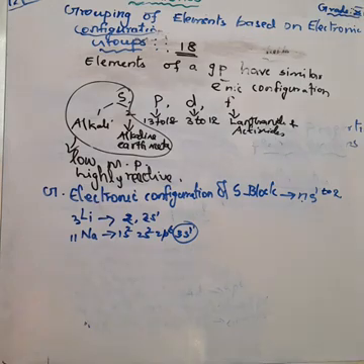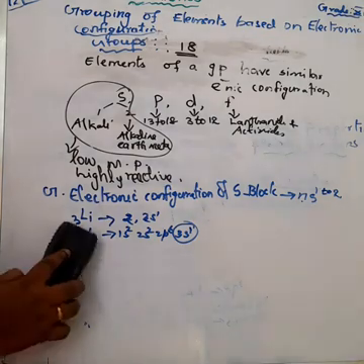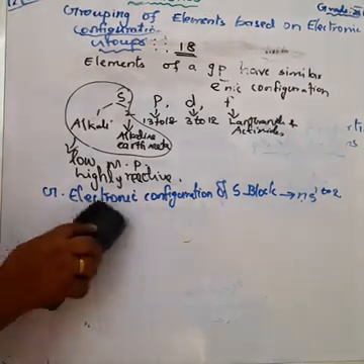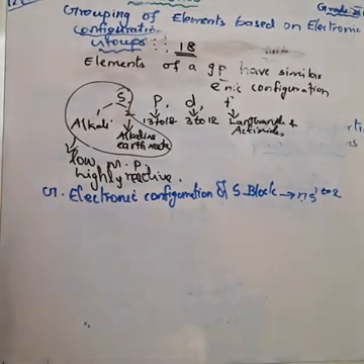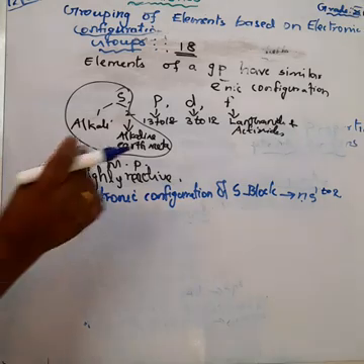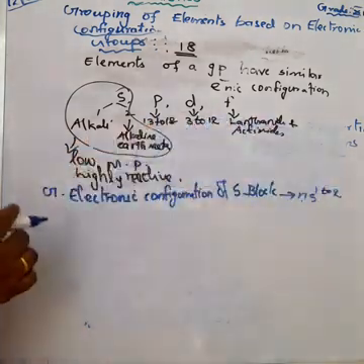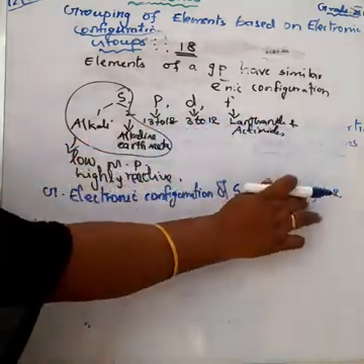So the general outer electronic configuration for group 1 elements, that means alkali metals, is ns1, and for alkaline earth metals is ns2. All the elements have the ns1 configuration.